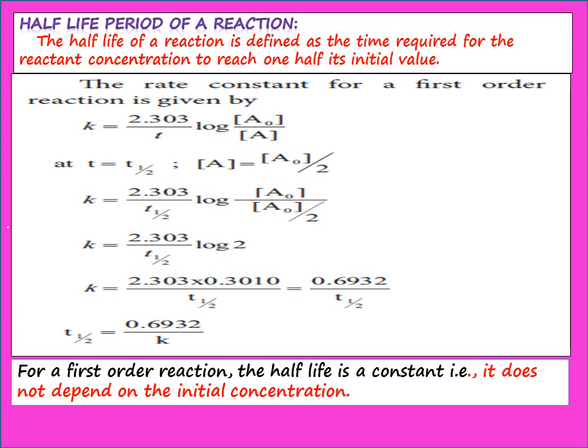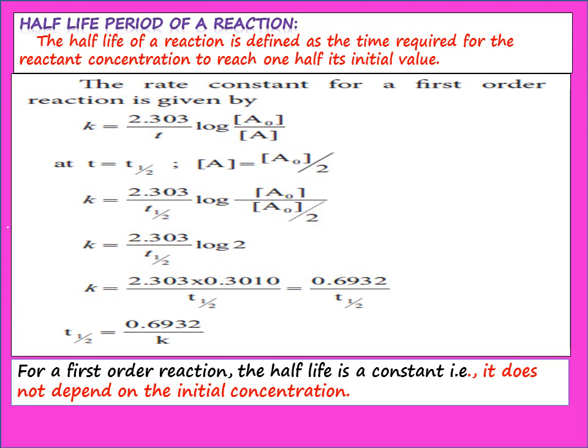We know that the rate constant for the first order reaction, which we already derived in part 1, is K is equal to 2.303 by t log A naught by A. If the time is t half, that is, only 50% of the reaction is complete, then the concentration of A will be half of the initial concentration, as 50% would have reacted.